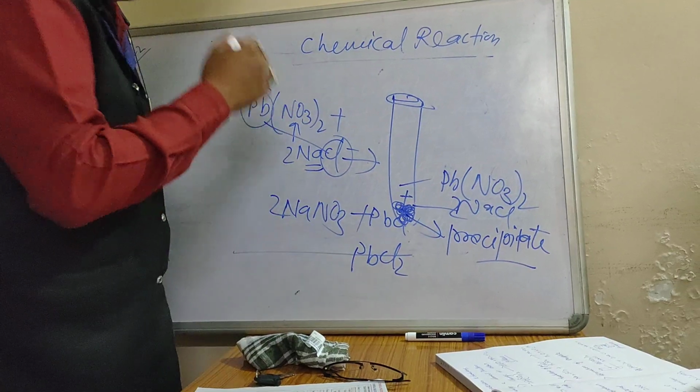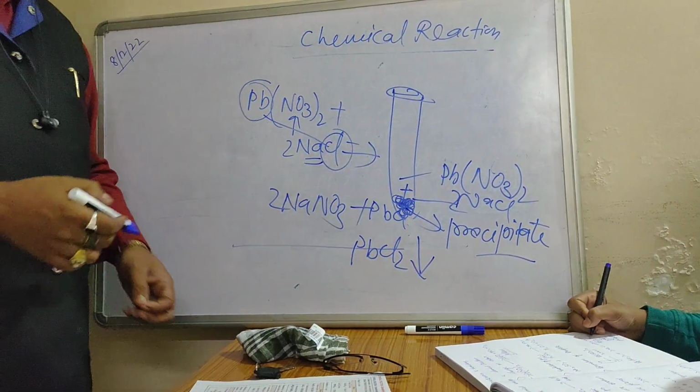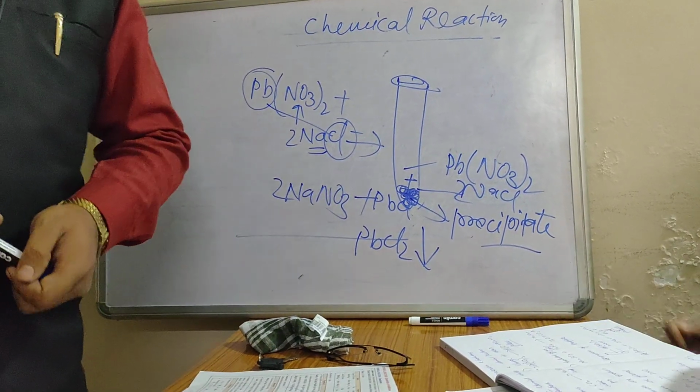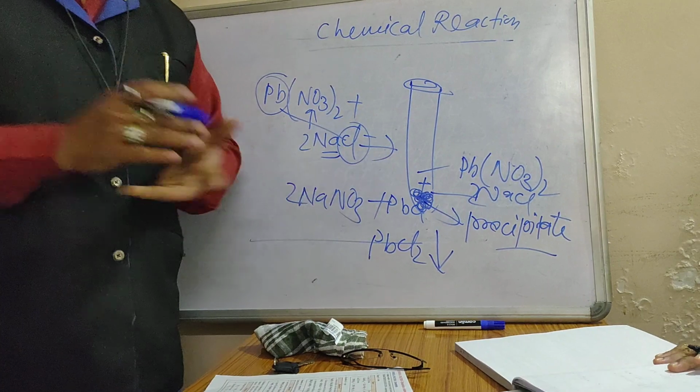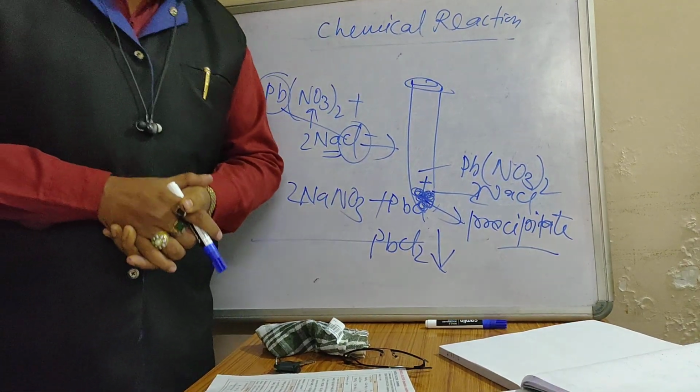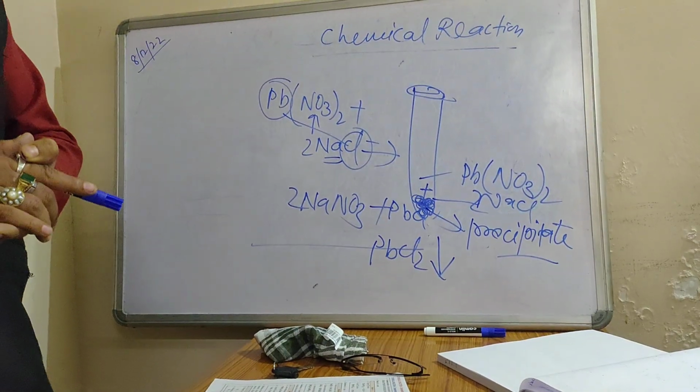But when it is a precipitate, you have to give an arrow downwards. So this is also one of the characteristics of a chemical reaction, that a precipitate can also be formed.